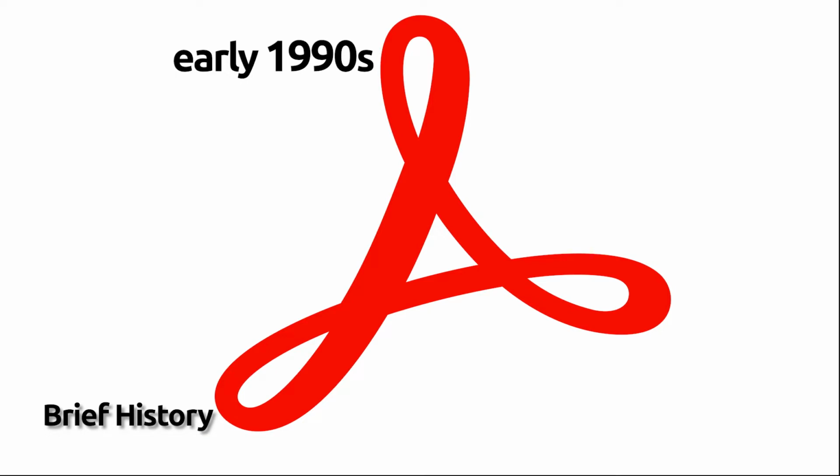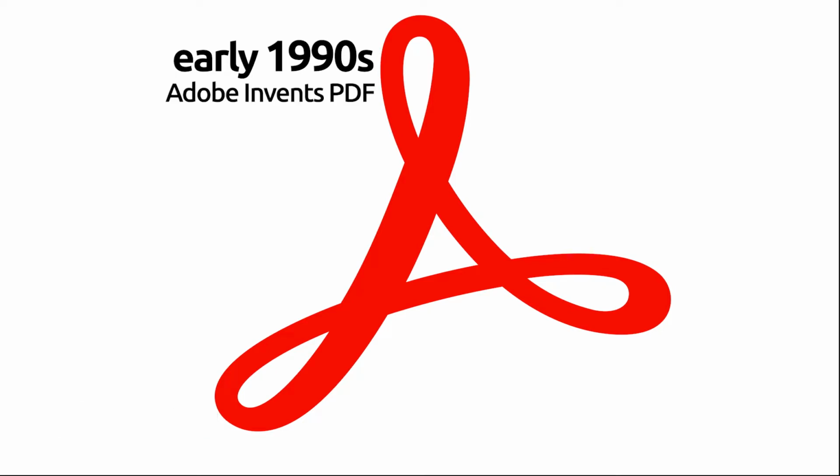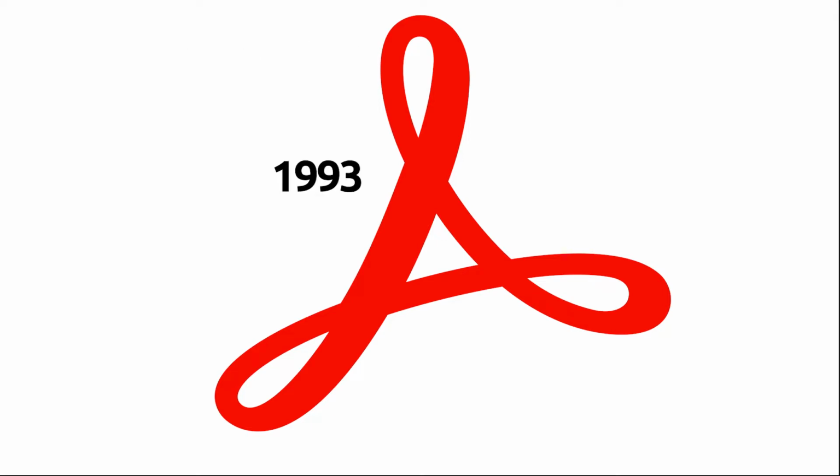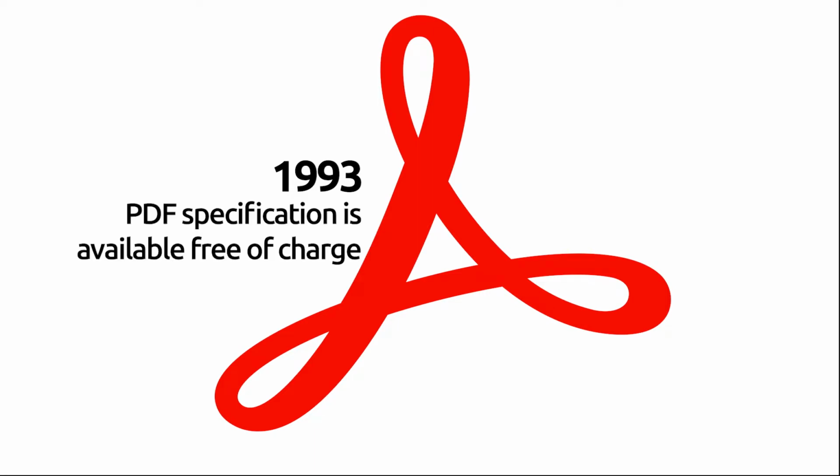So first of all, in the early 1990s, Adobe actually invented the PDF file format. And in 1993, Adobe made the Acrobat Reader free so that it was easily accessible for people to be able to view a PDF document.